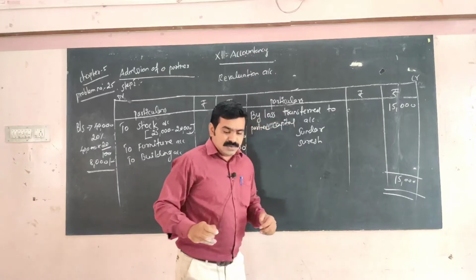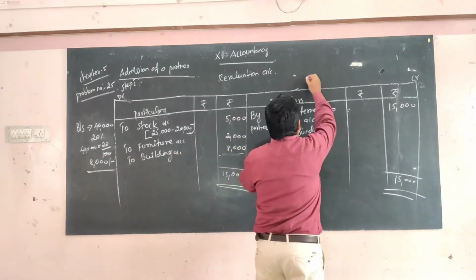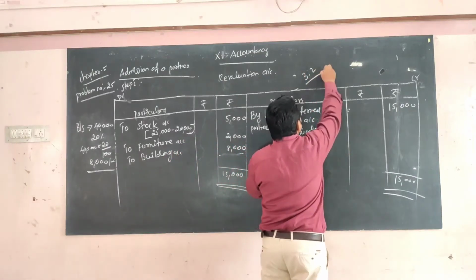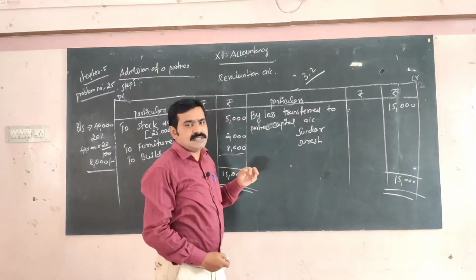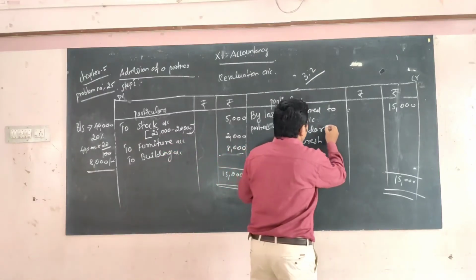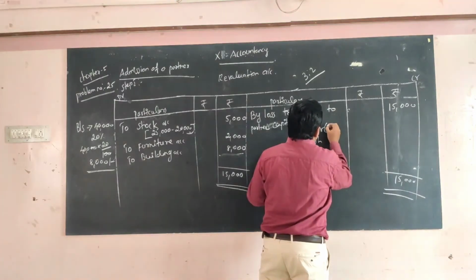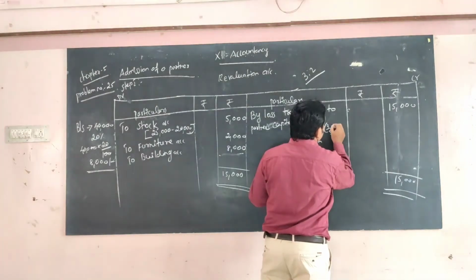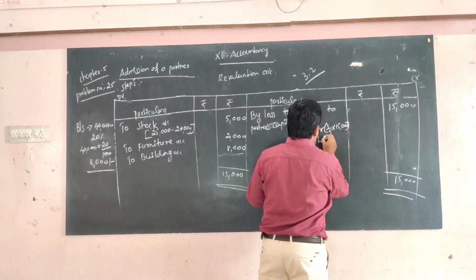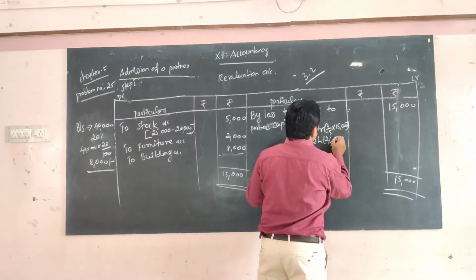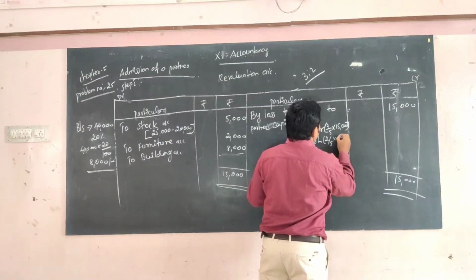The ratio is 3:2. So 3 divided by 5 into 15,000. Next, 2 divided by 5 into 15,000.